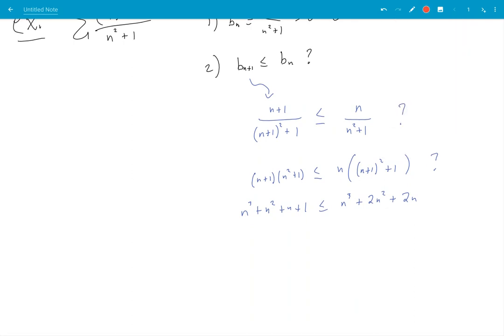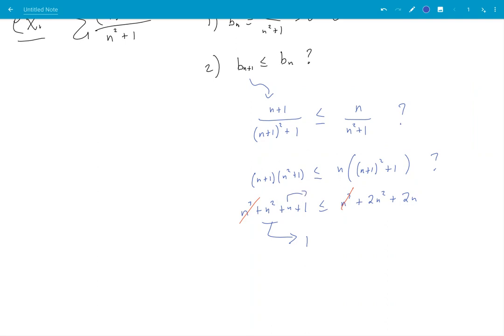Then I can drop my n cubes. And I'll move my n squared term over there. I'll move my n term over there.